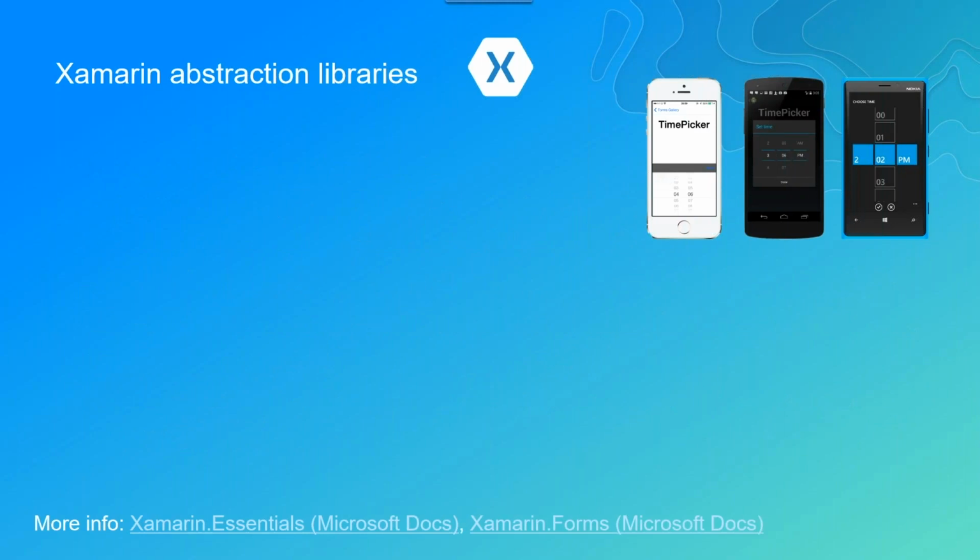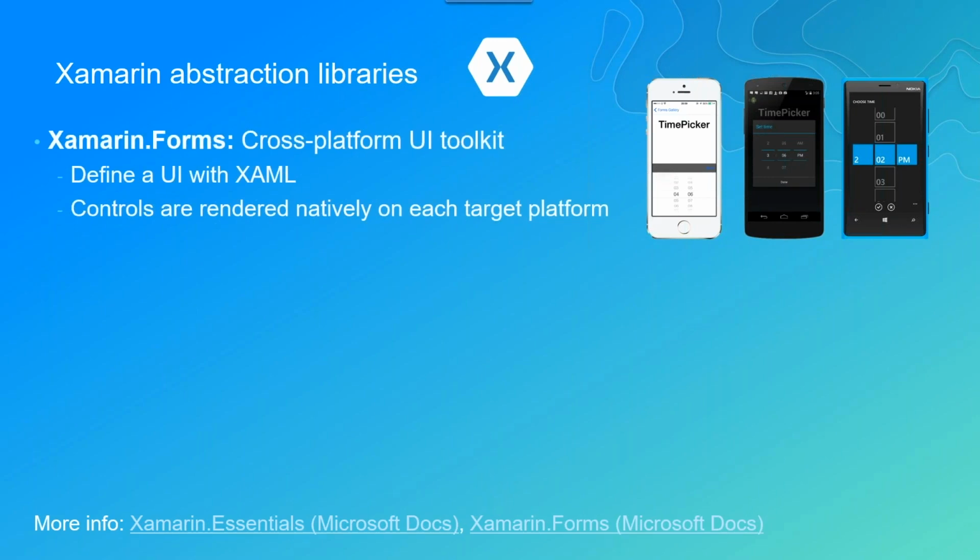So let's get back to this idea of abstraction libraries. This is kind of an important aspect of Xamarin. Even though you can obviously get into platform-specific stuff with Xamarin, the abstraction libraries abstract a lot of those details from you for how each platform handles them. So Xamarin Forms, for example, is a UI toolkit that abstracts how the different platforms will render certain types of controls.